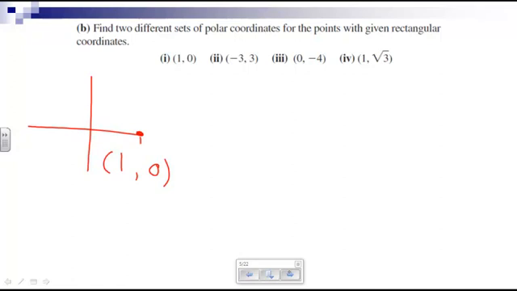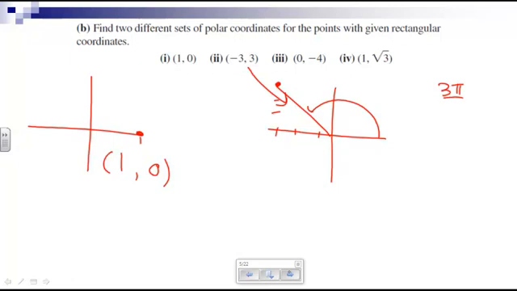Let's do one more. How about negative 3, 3? So back 3, up 3. So there's our point. How far do I have to rotate around to get to that point? 3 pi over 4 I hear, and that is correct for the angle.